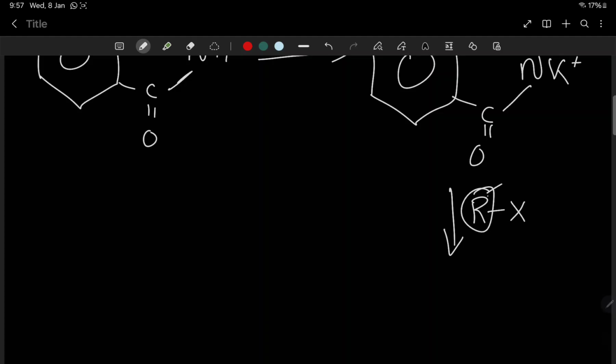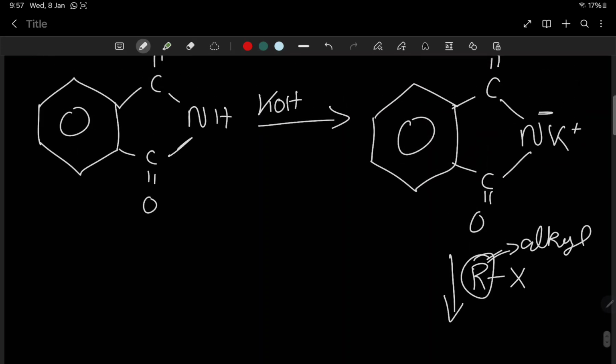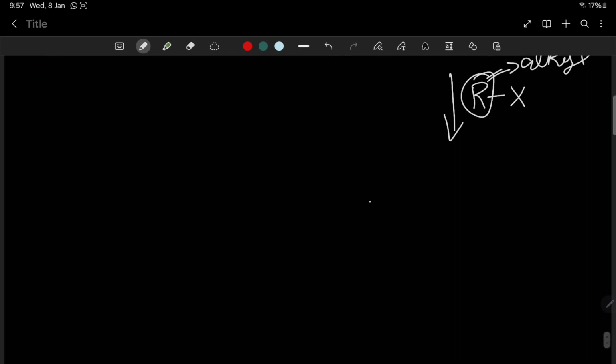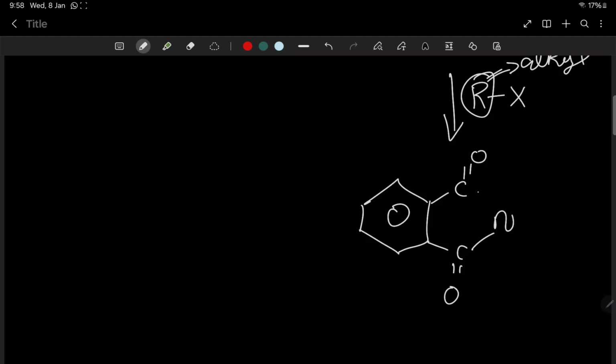This R will be the alkyl part of the amine that we need. Adding RX, we get the compound with N-R, and the K leaves as KX.